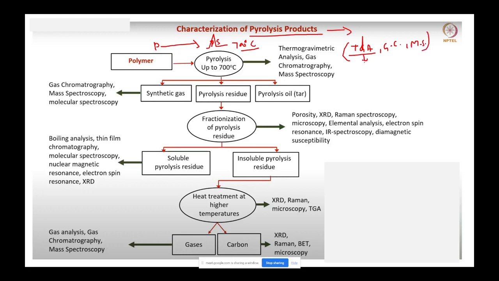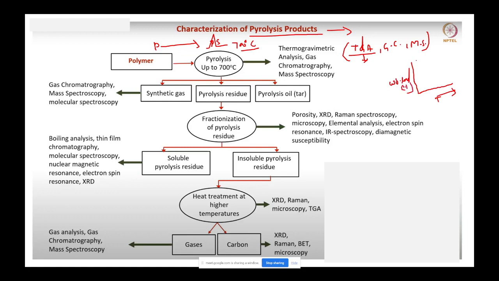So what will you get by TGA? Degradation temperature, thermal degradation of the sample. If there is more than one chemical species, they degrade at different points, so the TGA curve will show those different degradations. Here you have temperature going like this, and here is a reduction in mass, the weight loss in percentage.